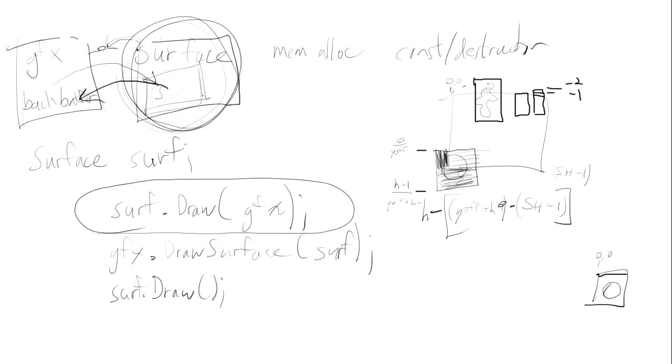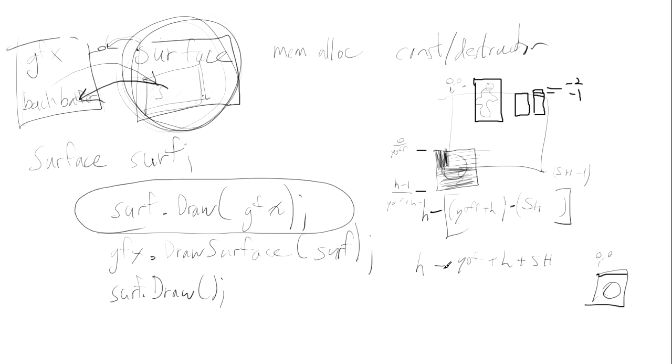Now these minus 1 and minus 1 will just cancel out, so we get y offset plus height minus screen height. And then we're subtracting that from height. So height minus y offset plus height, and subtracting a negative means we're adding screen height.